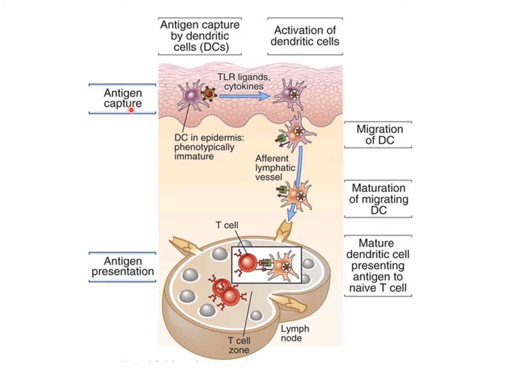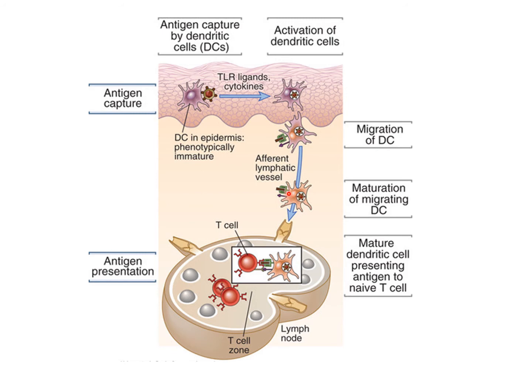So here we have the antigen capture. Then activation of the dendritic cell. حكينا في المرحلة هاي بيكونوا expressing receptors that has to do with the capture of pathogens. Then it goes migration of the DC. It goes to the lymph node. Maturation: during this journey, it matures and starts displaying or expressing the MHC molecules.